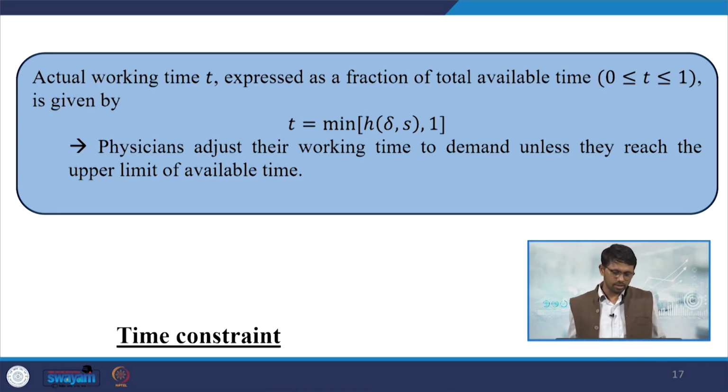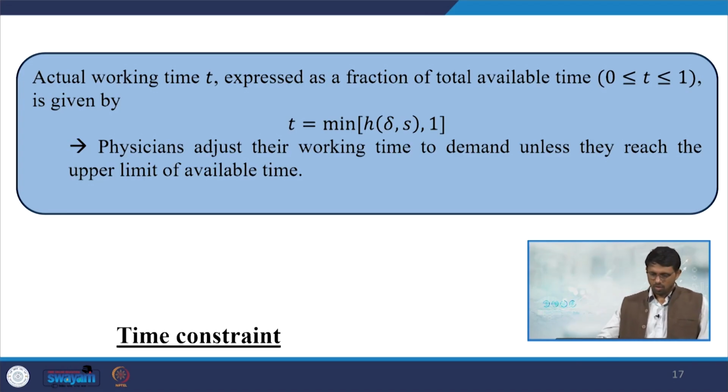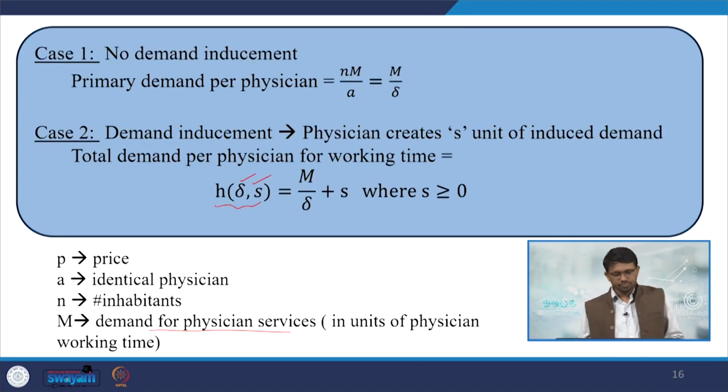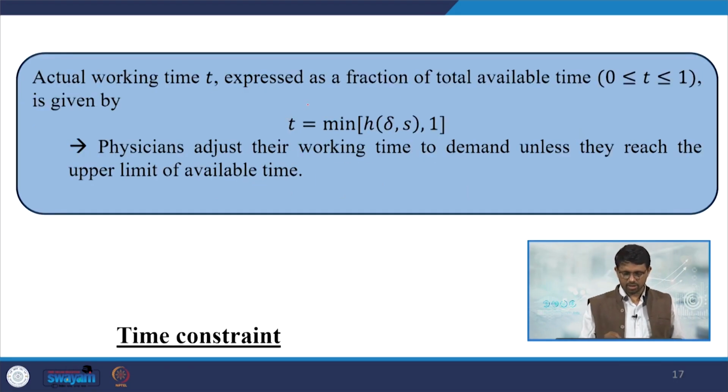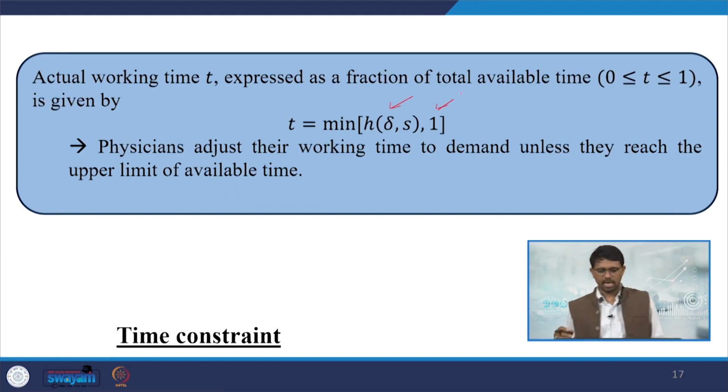Hence, it is presented as the minimum of the total demand T, the allocation of T or the time required for the doctors will be the minimum of this or 1. Whichever is actually the minimum, that time has to be allocated.